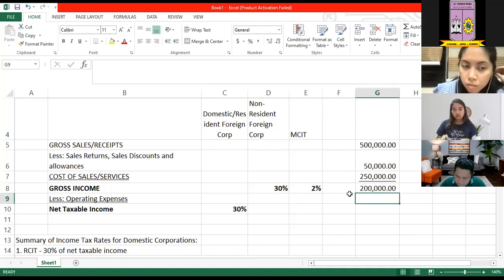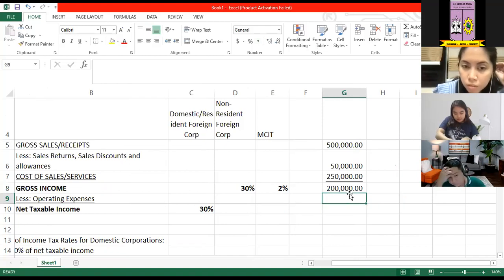Now, normally, kapag kumukuha ka ng regular corporate income tax, kailangan muna nating i-deduct yung operating expenses before we arrive at the net taxable income, tama? So, let us say, for example, gumastos ka ng kuryente, ng tubig, ng sweldo, ng admin mo, and then maintenance.